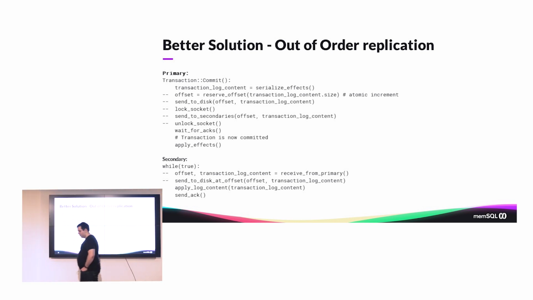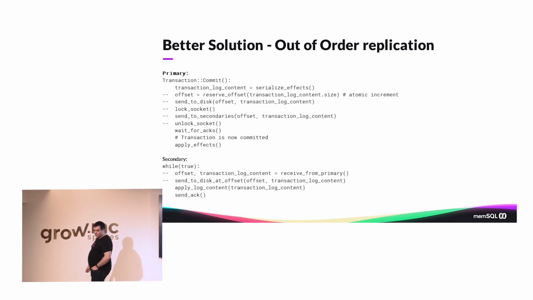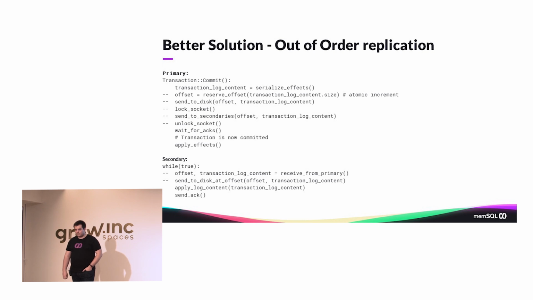If you're applying the log right after writing it and you have a gap, you're basically applying the transaction in the wrong order. Not necessarily. That's actually a great question. The question is, if you're replicating out of order and applying right when you receive the data, you might be applying things out of order.